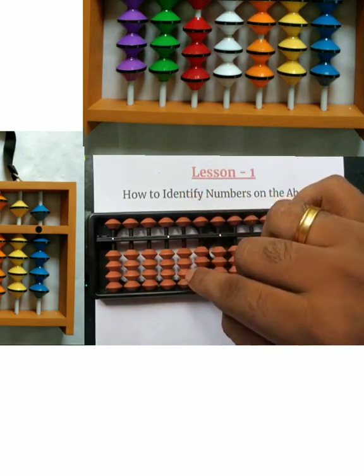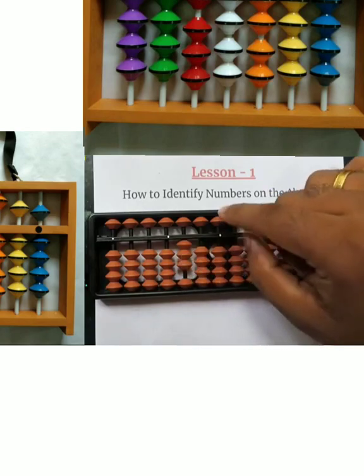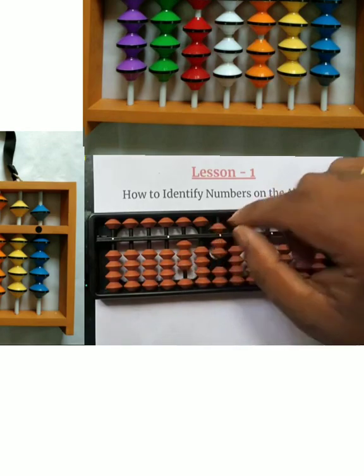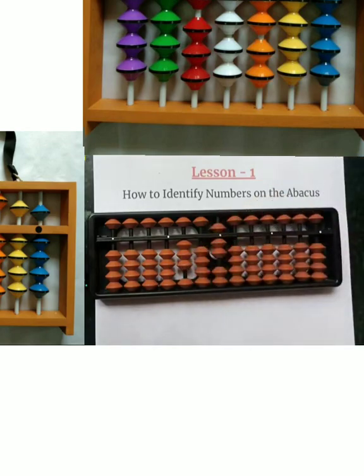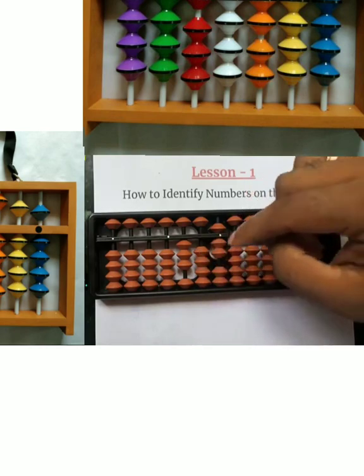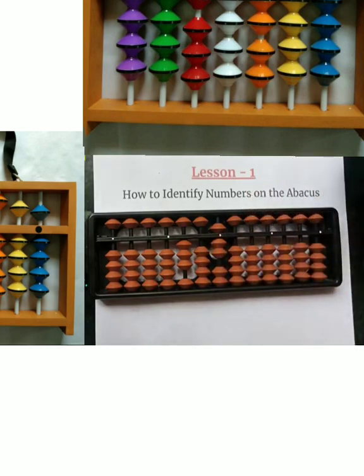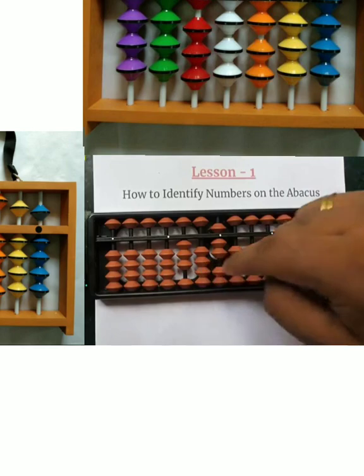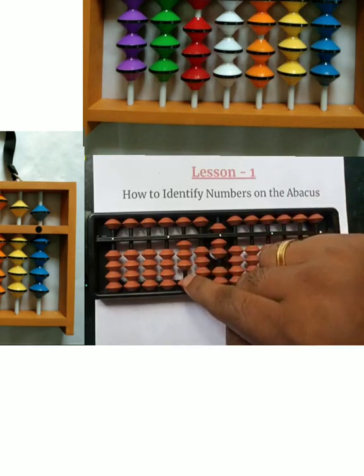Let's take another example. Now I'm showing you a number. This number, some students when they are just learning abacus and identifying numbers, they'll tell you that this number is 37, but it is wrong. In this case, the 3 is on the hundreds place.